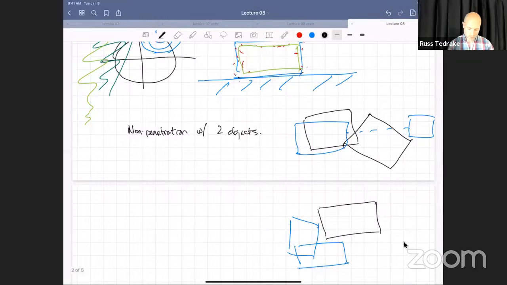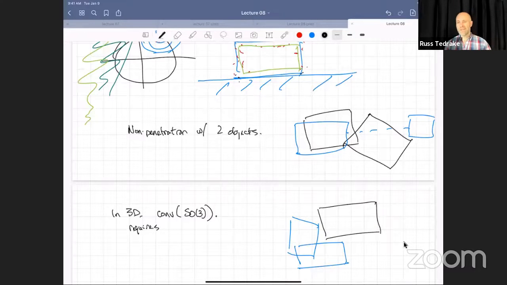I'll give a reference to it, but the convex hull of SO(3) requires the tightest relaxations, which require a Schur complement and some semi-definite programming, semi-definite matrix constraints. There was some good work by James Saunderson that I will link in the notes.